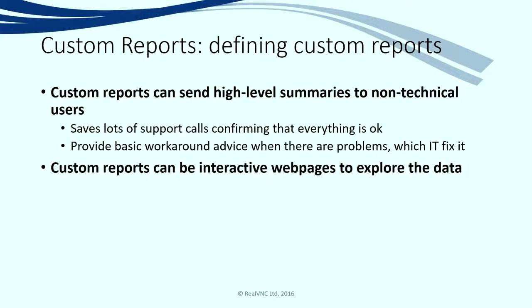These custom reports could also be saved as a web page onto the intranet system, and that can be quite useful if there's going to be a first page of summarized information with hyperlinks. Of course, the advantage of a web page, we can have hyperlinks in it, and we can click on those hyperlinks to get more detailed information.